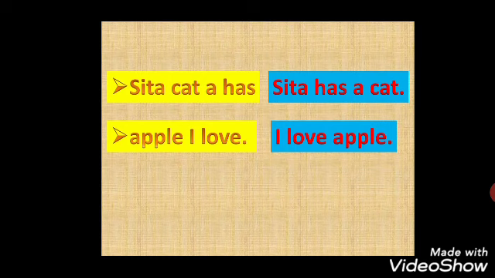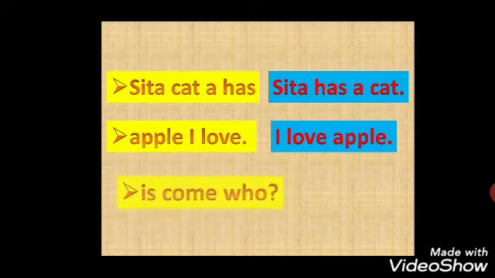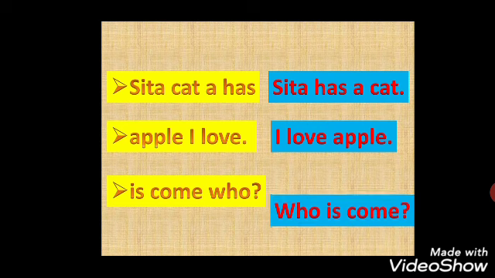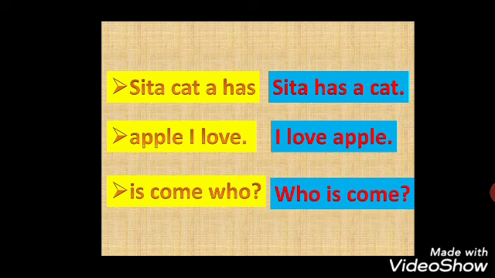Let's take the third example. Is come who? What? Can you understand anything with this? Is come who? No, it does not make any sense. Let's see the correct sentence. Who is come?